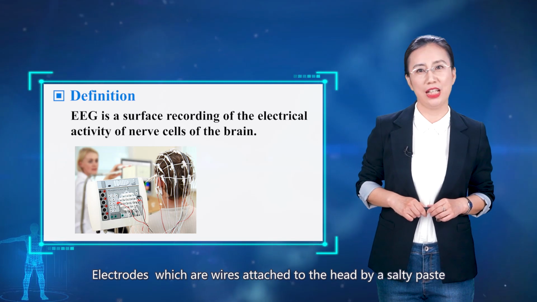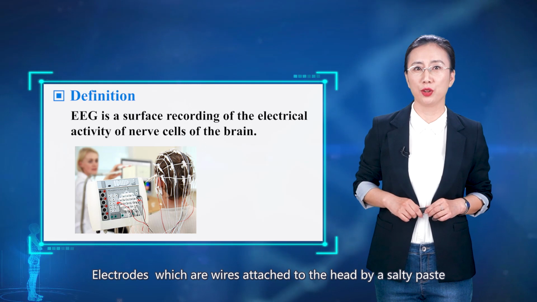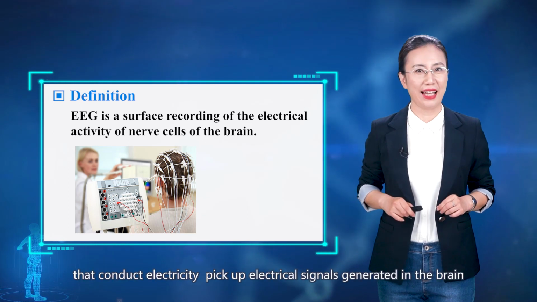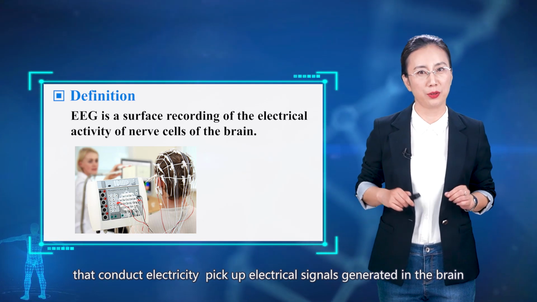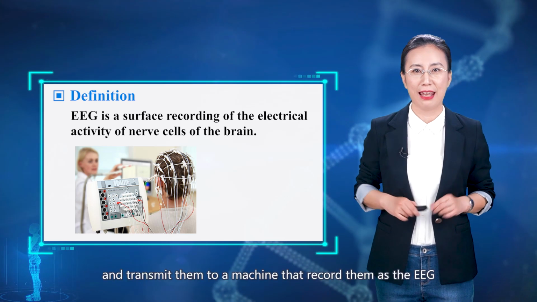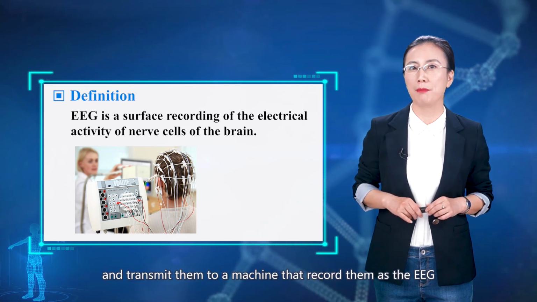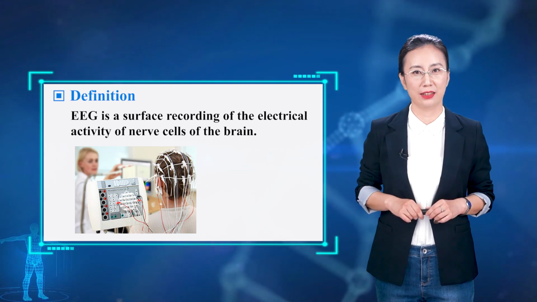Electrodes, which are wires attached to the head by a salty paste that conducts electricity, pick up electrical signals generated in the brain and transmit them to a machine that records them as EEG.